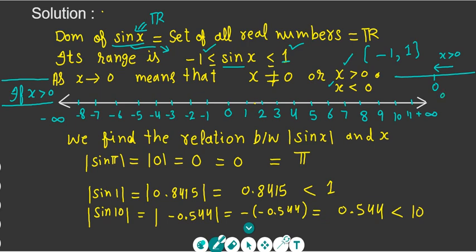Its value may be 0.01, 0.001, 0.1. We may approach 0 from the left-hand side. In this case, its value will be -0.01, -0.1.